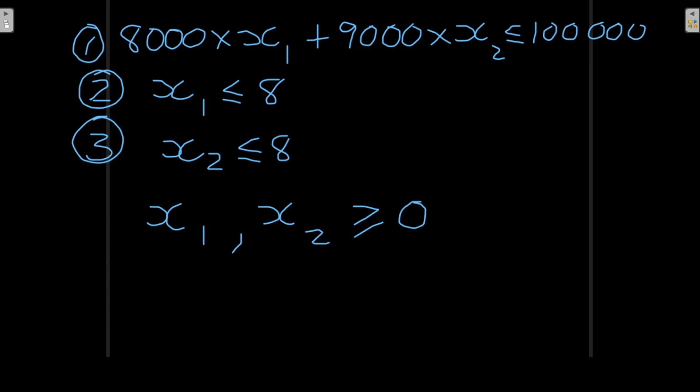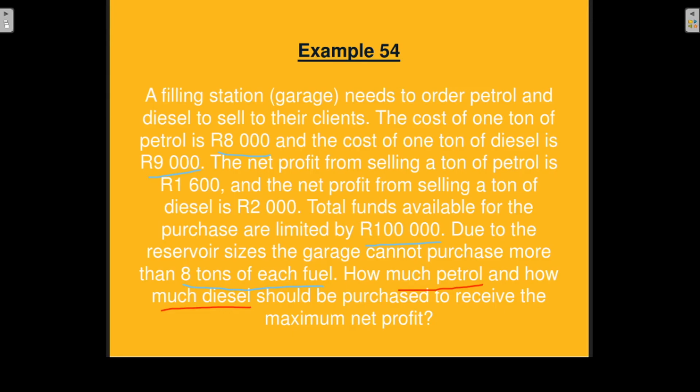And then lastly, we would like to set up our objective function. If we read through our question again, the net profit from selling a ton of petrol is 1,600 and the net profit for selling a ton of diesel is 2,000 rands. So that is the profit that we can make, and we would like to find the maximum net profit.